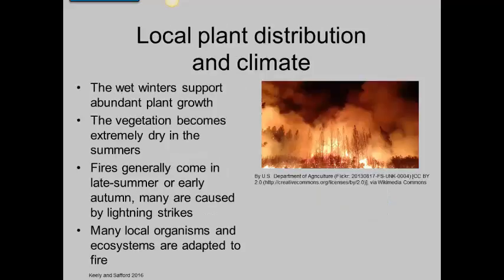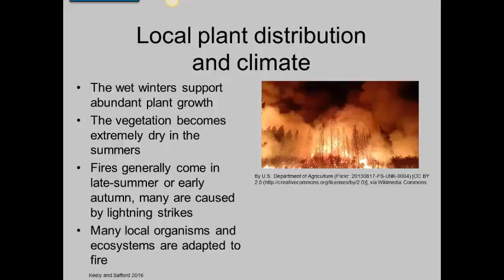The climate in California is also very conducive to fire. So these wet winters support abundant plant growth. However, the vegetation becomes extremely dry in the summers. So this is a recipe for fire. And fires in California are generally coming in the late summer or the early autumn when the vegetation is really dry.